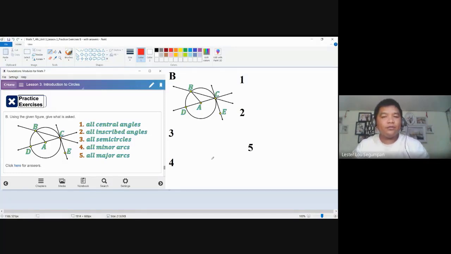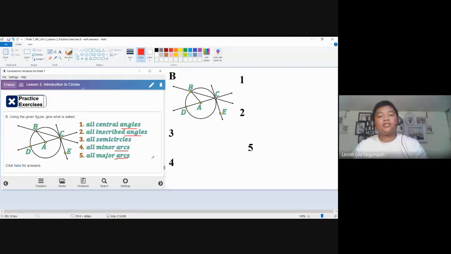In the previous video, we were able to talk about the points, line segments, and lines associated with a circle. Now we are going to talk about the angles and the arcs. If we talk about angles, circles do not have vertices or sides, so we cannot come up with interior angles.